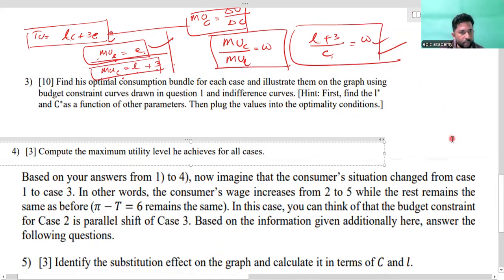Find the optimum consumption bundle for each case and illustrate them on the graph using the budget constraint equation from question number 1 and indifference curve. First, plug the value into the optimality.